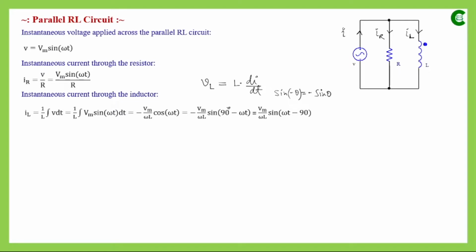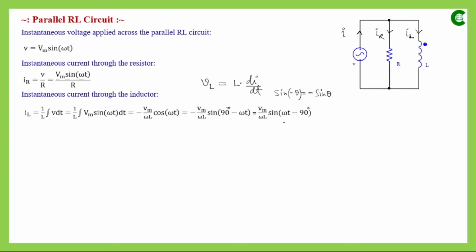So on the other side, we can say that minus sine theta will be equal to sine of minus theta. So minus Vm by omega L, which is constant, times sine of 90 degree minus omega t can be written as Vm by omega L, which is constant, then sine of omega t minus 90 degree. So this is the instantaneous current value through the inductor, and now finally it has been expressed in terms of sine.